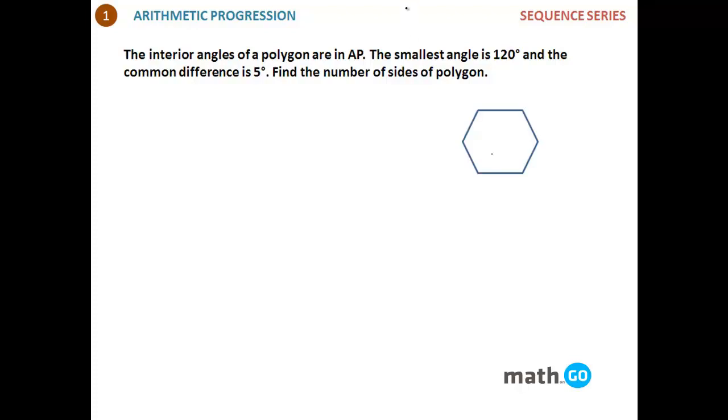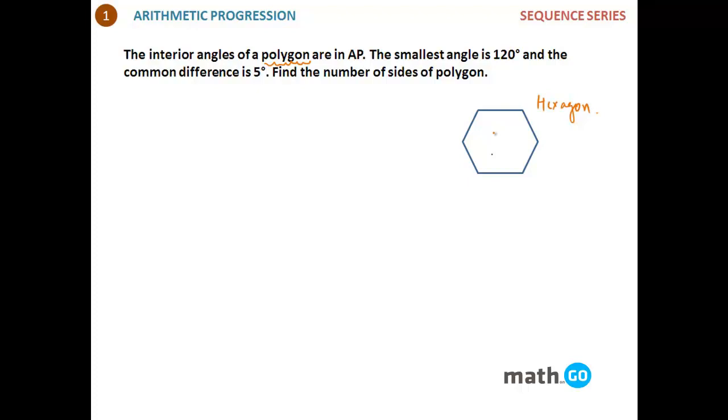So let's understand this problem by taking a simple example, right? We are talking here about polygons. Let's understand this by, say, a hexagon, or you can say the benzene ring.